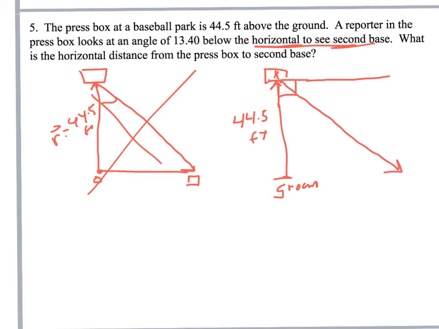So there's our vector, and here's our second base right here, and then here's our horizontal. So we now got rid of our right angle, so we want to erase that part there, and so we want to put back our height vector, and then we got our height in there, and now we have 13.4 degrees below the horizontal.